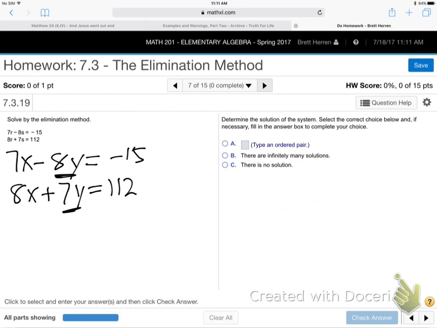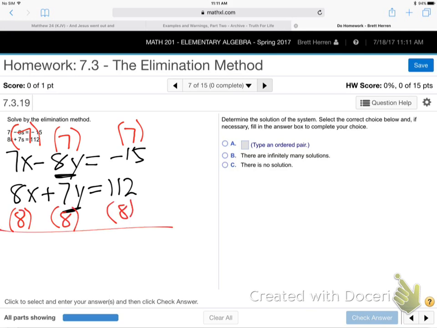So let's multiply through the top one by 7, and the bottom one by 8. See how that'll make both the y's into 56? One will be a negative 56y, the other will be positive 56y.